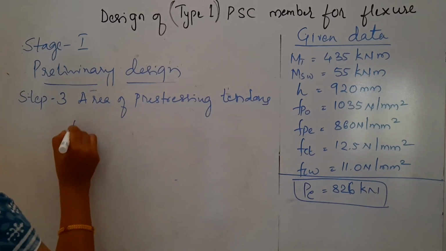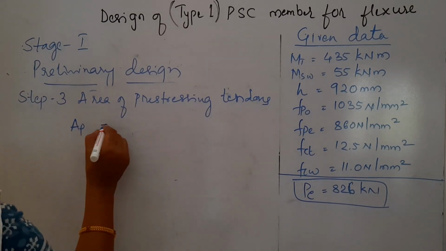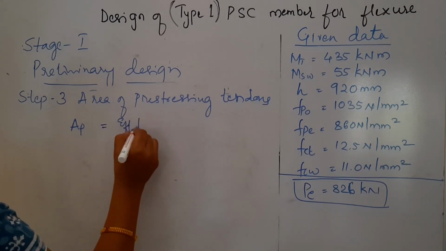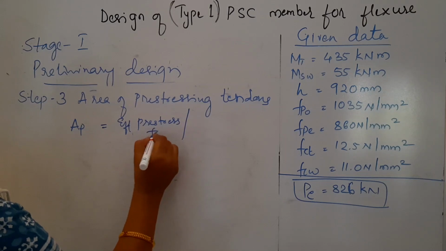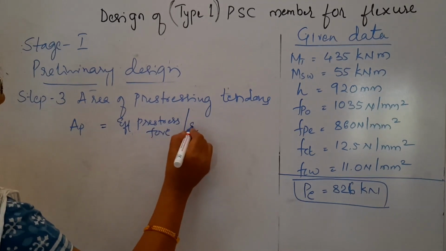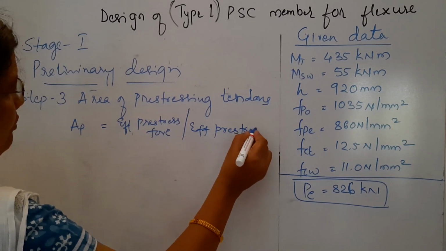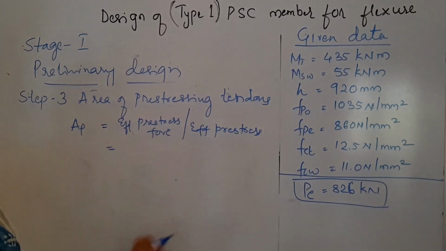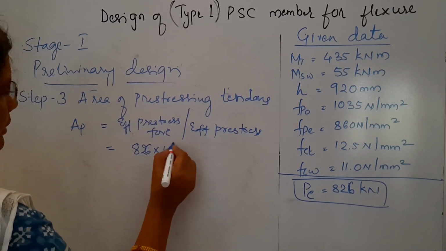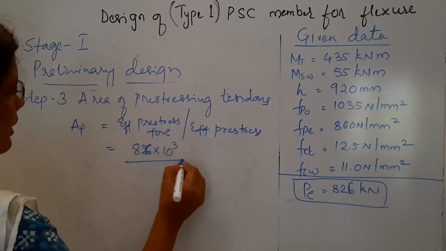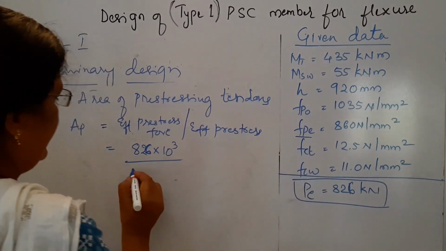The symbol used is AP, that is equal to effective pre-stress force divided by effective pre-stress. Pre-stress force 826 kilonewton, convert into newtons, divided by effective pre-stress, it is given FPE 860.